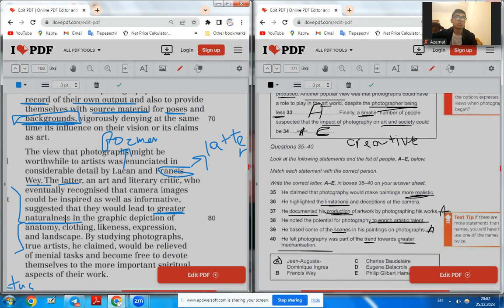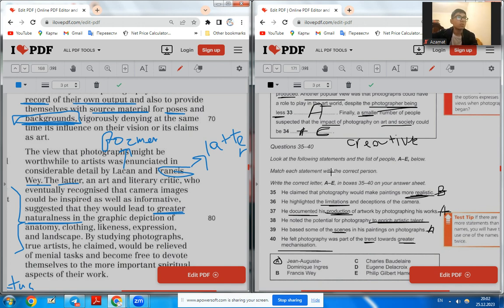Greater naturalness. So now let's go to questions. Would make, yeah, more means greater, realistic means naturalness, right? So the answer for question number 35 is B. He highlighted the limitations, nothing about limitations, nothing about enriching artistic talent, nothing about greater mechanization.